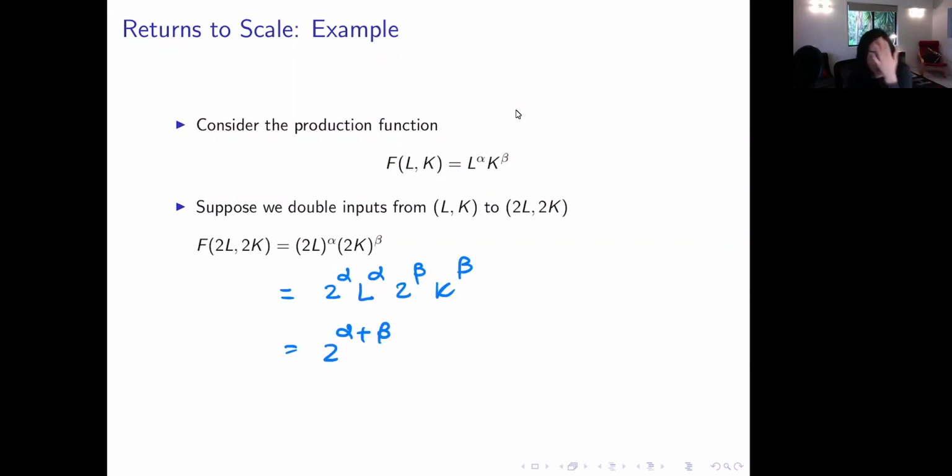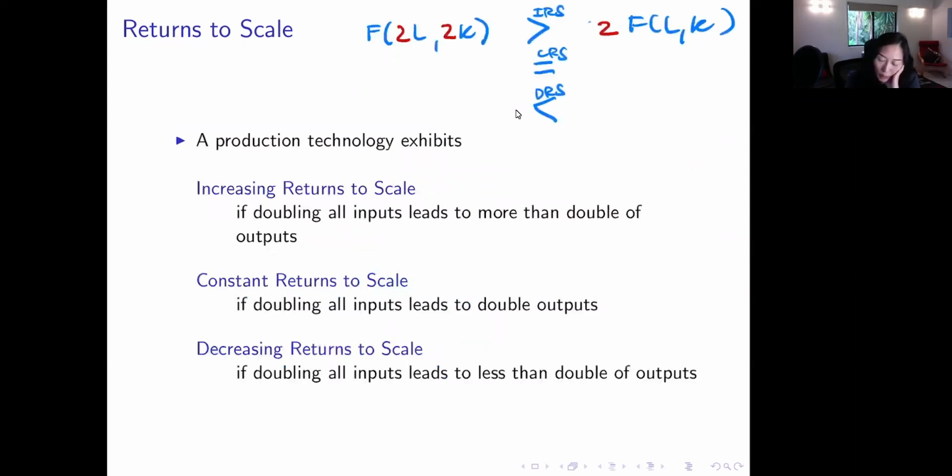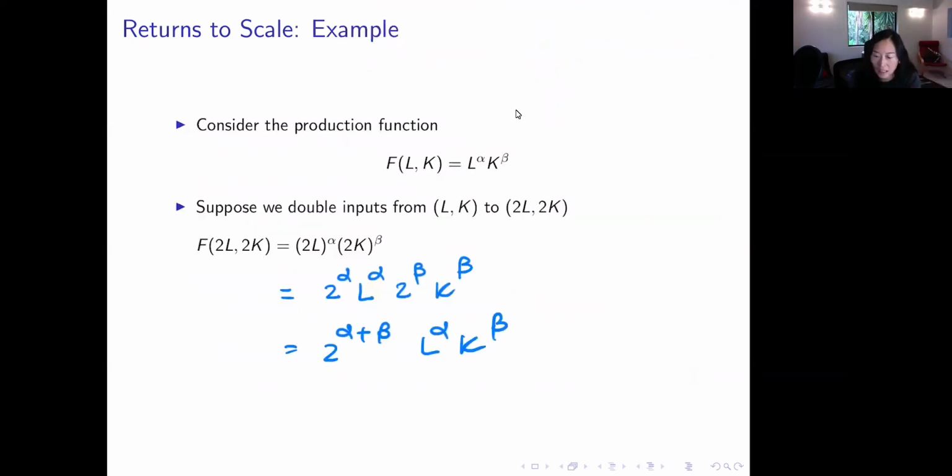So I can add the exponents of 2 together. The idea is I want to make a comparison between this and that. So I want to write this function as a function of just F(L, K). Then I can make a comparison.